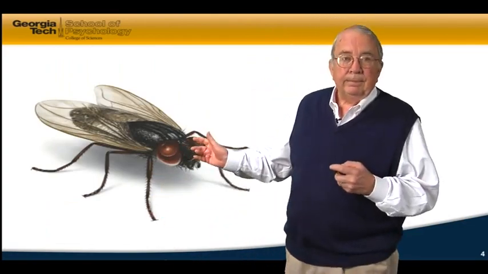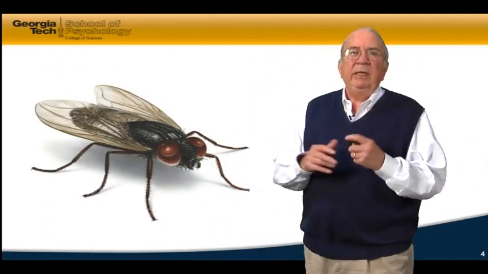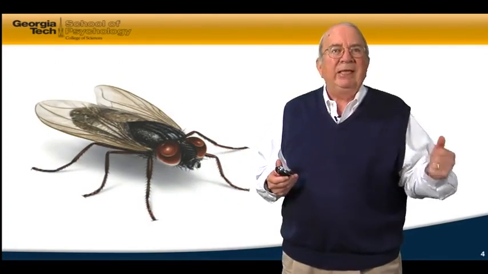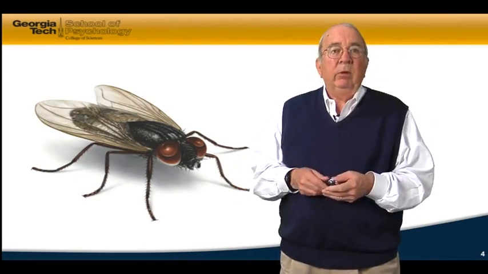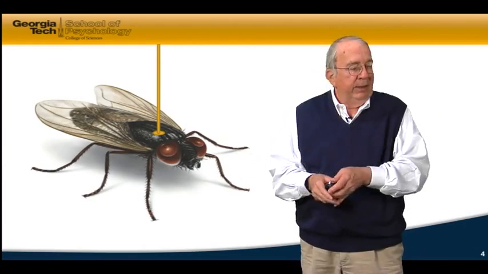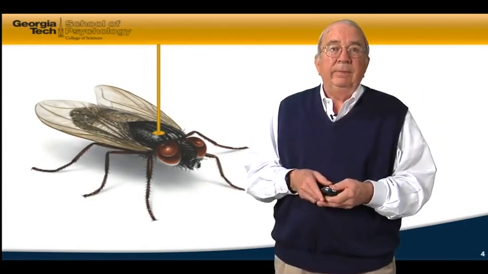So here's a fly. You've all seen them, maybe not this big, but you've all seen them. The first thing Dethier had to do was figure out how he could have the fly do things that he wanted them to do. So what he did was he took some wax and he simply attached a handle to the fly. Then he could move the fly around and do what he wanted the fly to do.